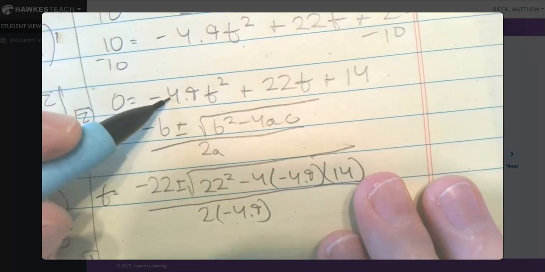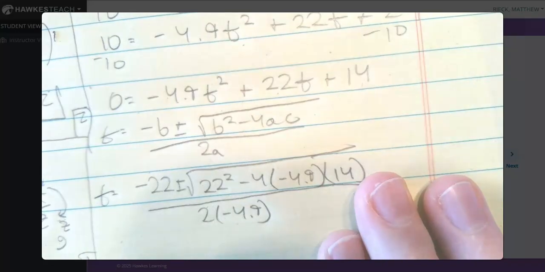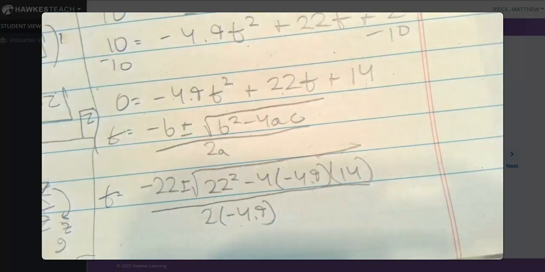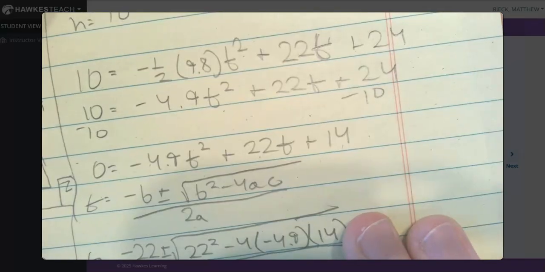Again, a is whatever your leading coefficient is, b is the middle coefficient, and c is your constant term in your expression. All right. And I am out of room on this page. We'll just move on to the next page here.